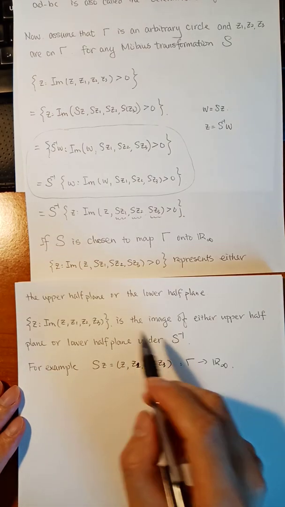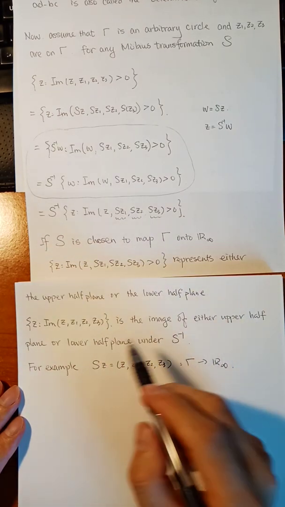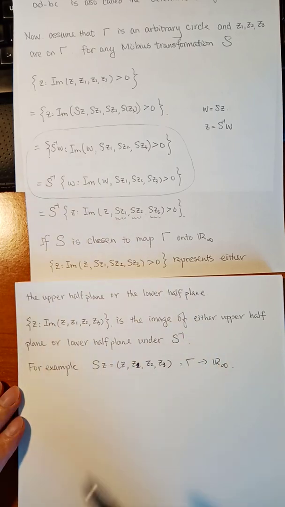Now, because it is an image of either the upper half plane or the lower half plane, let's define the sides of gamma.